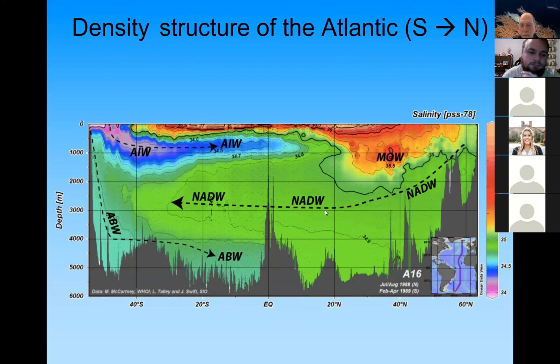When these two waters of constant density mix together, you get water which is denser than either of the parent bodies. This water sinks down and forms what's called North Atlantic deep water, and this North Atlantic deep water flows southward.